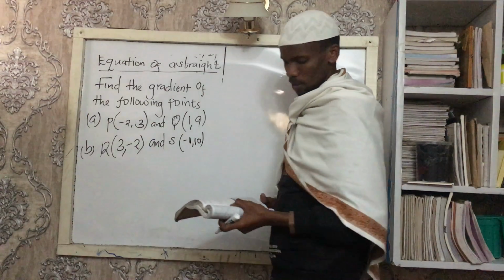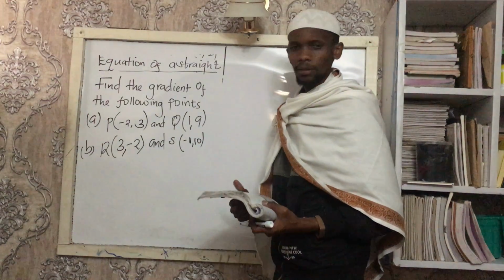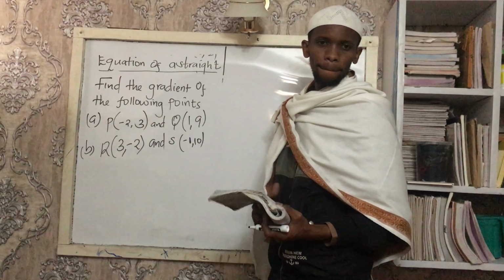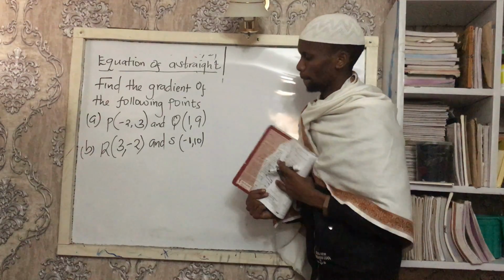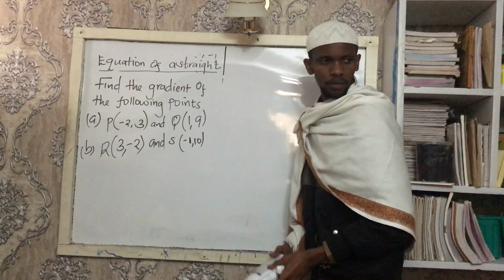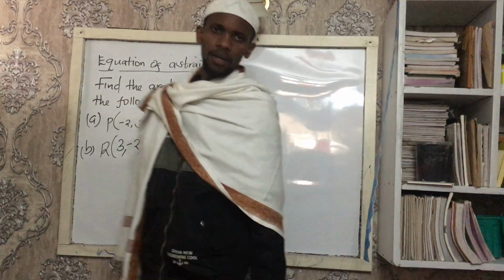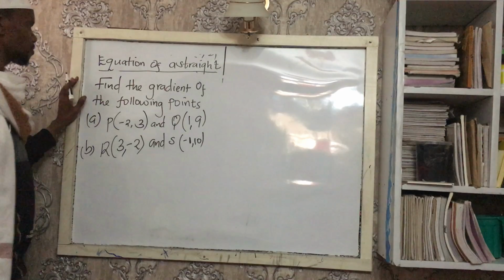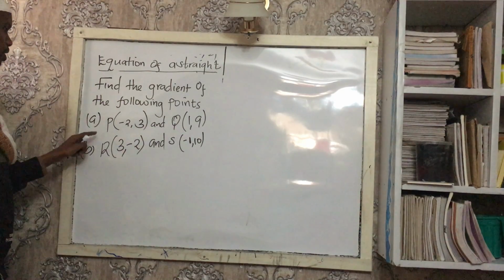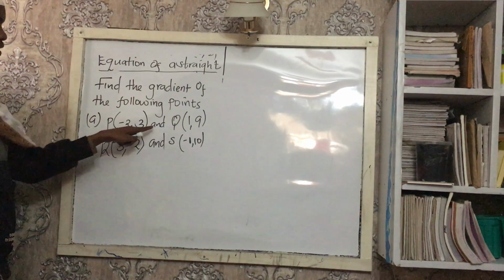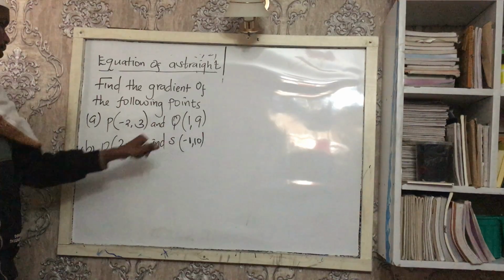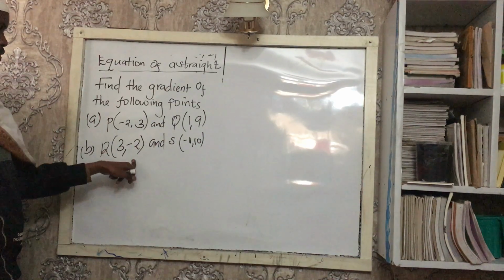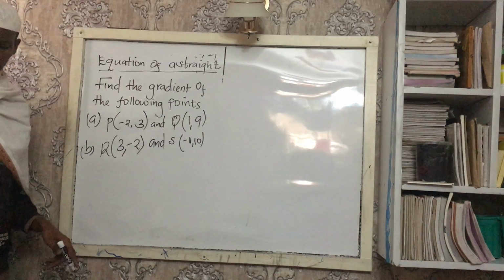Get the two gradients. Find the gradient of the following points, that is P minus 2, 3, and Q 1, 9, R 3, minus 2, and S minus 1, 10, using the formula.